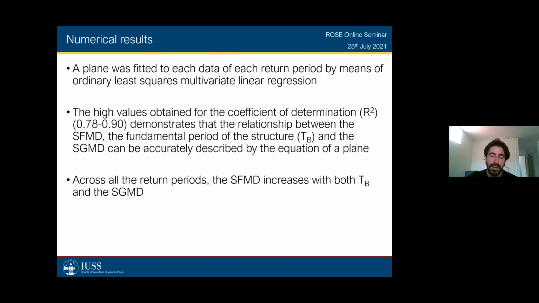So we can see that these values are very high. This demonstrates that the relationship between these 3 parameters can be accurately described by the equation of a plane. And a very important observation from the data is that across all the return periods, the strong fluid motion duration increases with both the fundamental period of the structure and the corresponding strong ground motion duration.